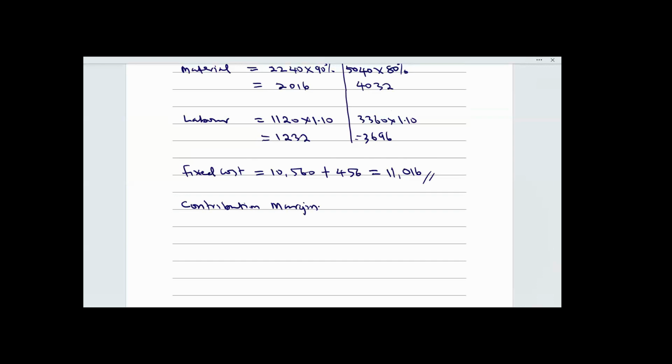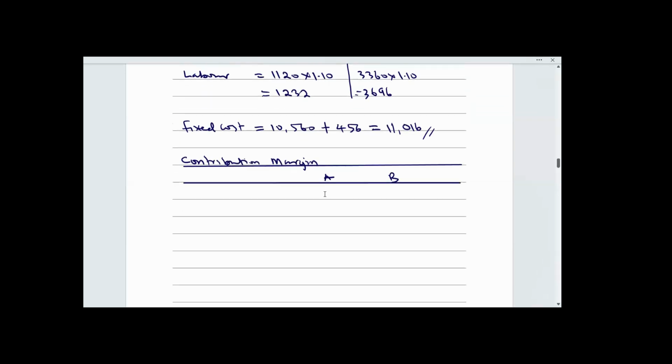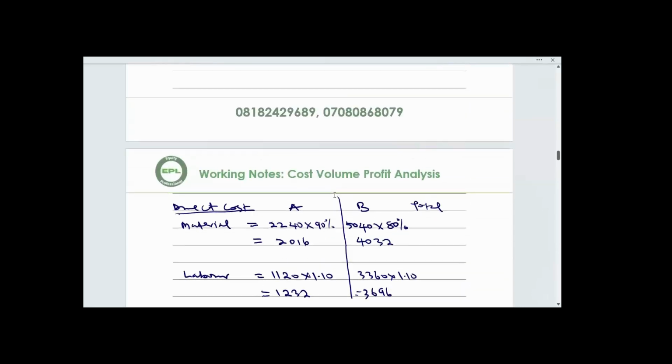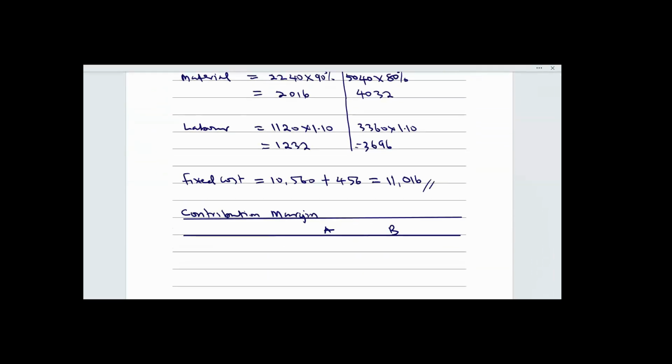So the revised contribution margin for product A and then product B. Let's first of all calculate contribution margin. Based on the information available, we have made changes.